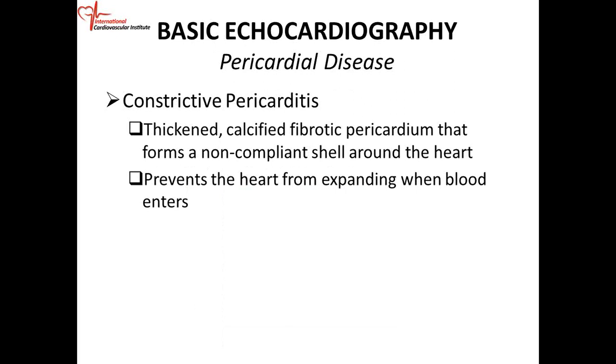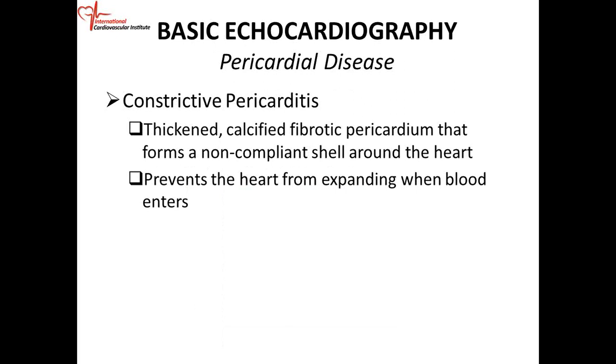So it's like the heart is encased in a stone cavity or a stone sac. The heart can contract, but it just cannot expand because it's like a stony case.